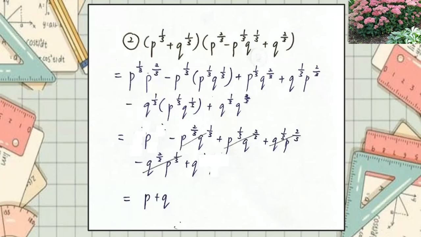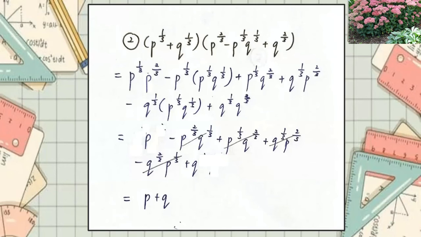You just need to do some simple multiplication, and you will get the answer as in the second line, which is p minus p power of 2 over 3 q power of 1 over 3 plus p power of 1 over 3 q power of 2 over 3 plus q power of 1 over 3 p power of 2 over 3 minus q power of 2 over 3 p power of 1 over 3 plus q. And you cancel the same unknowns, and you get p plus q, and that's the answer.